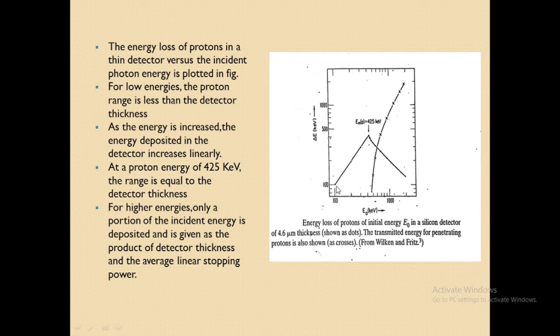The energy deposited in the detector increases linearly as the energy of the proton is increased. So from this graph, as the energy of the proton increases, the deposited energy in the detector also increases. At a proton energy of about 425 keV, the range is exactly equal to the detector thickness.